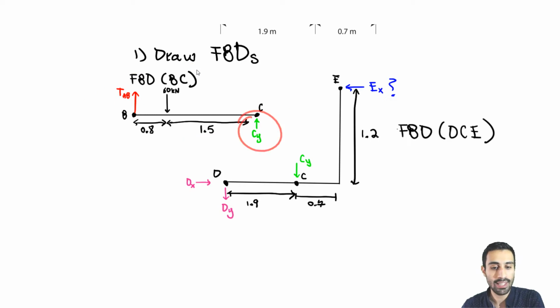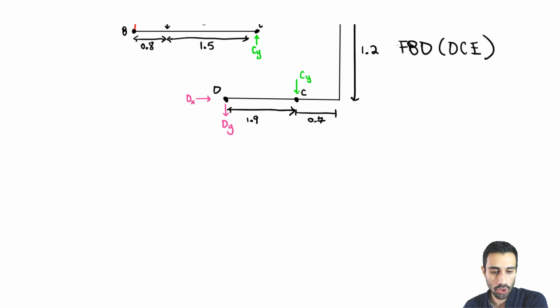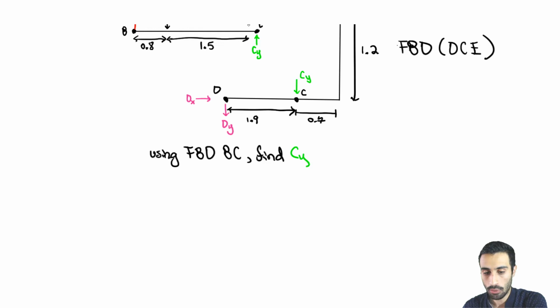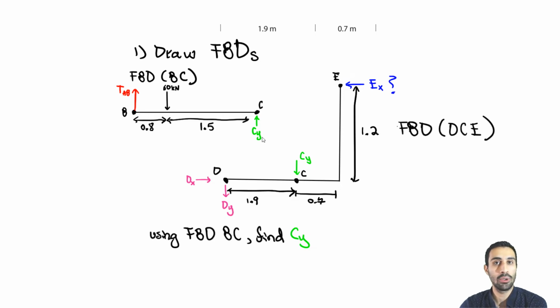First step is to find that reaction using free body diagram BC. We will say, find that CY. How would you find CY? Pause the video and try to do this. You apply moment equilibrium.